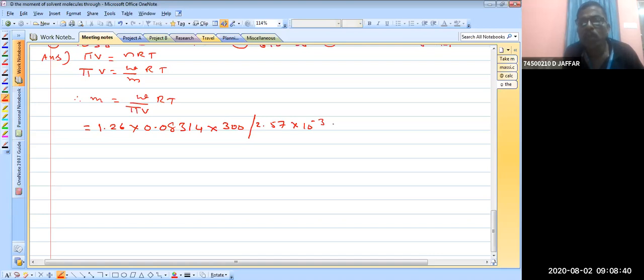Into volume. We want to take volume in liters, 200 divided by 1000.